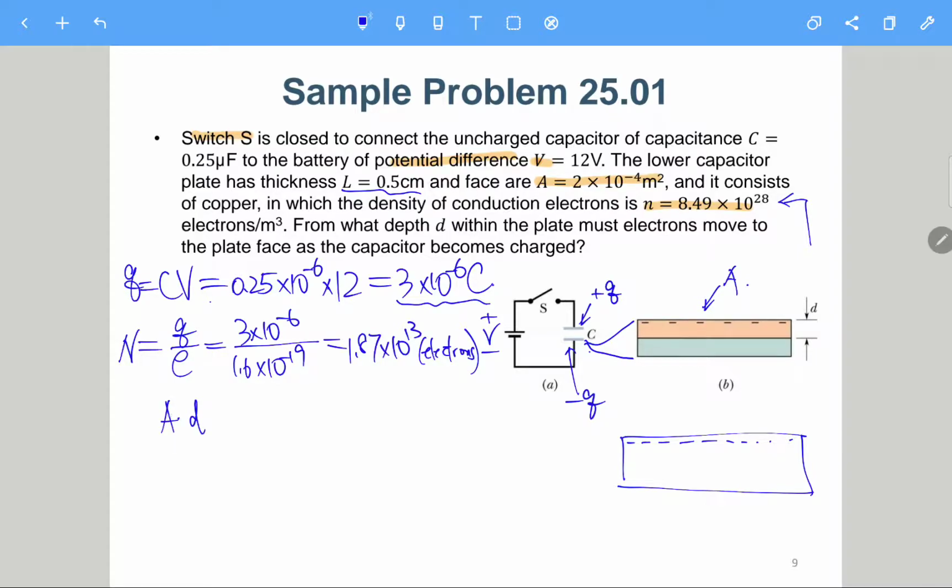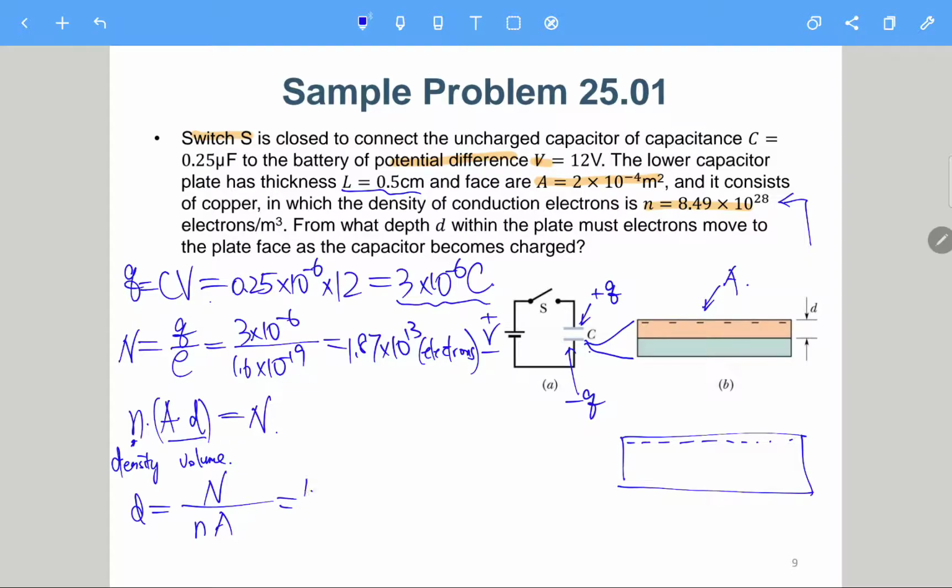And then you multiply by n, the density, to get the number of electrons. So this should be capital N. So we already know small n, capital N, and A. We only want to find d, which is N over nA.